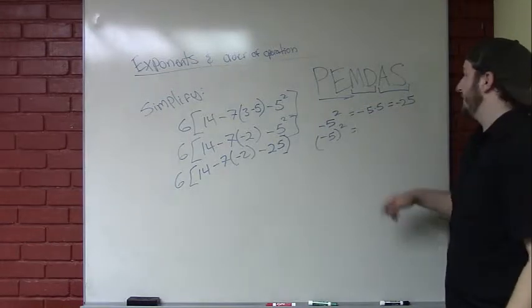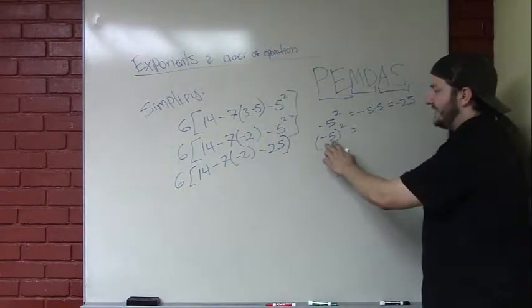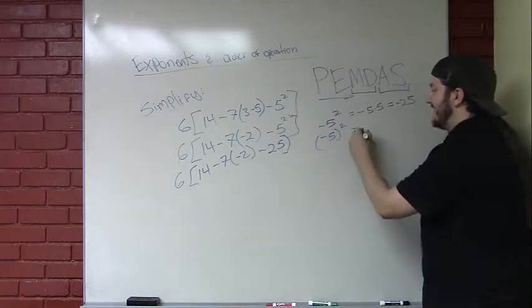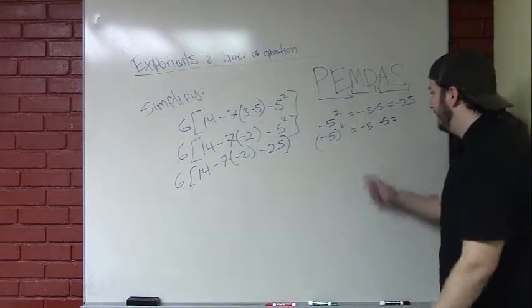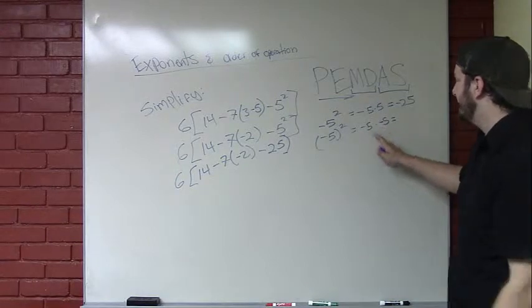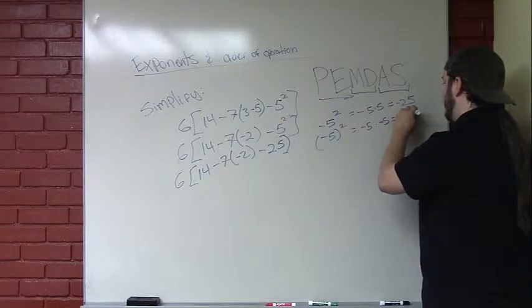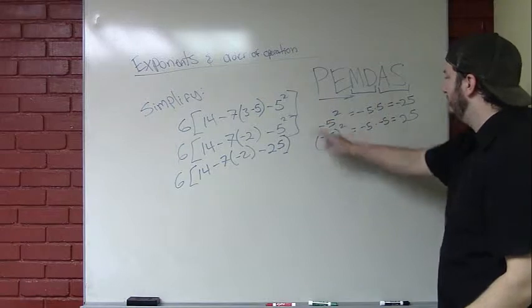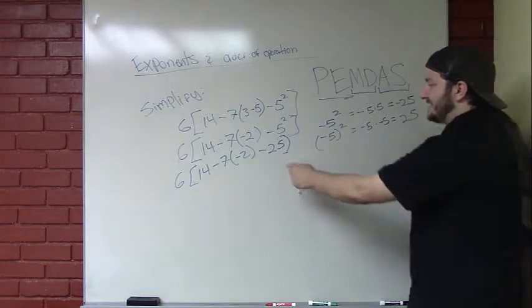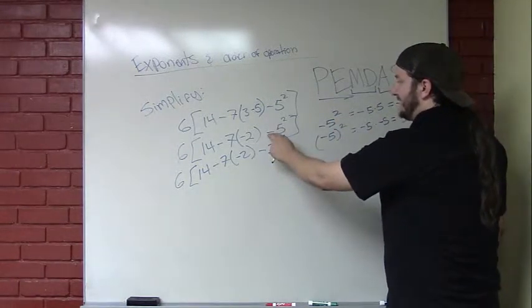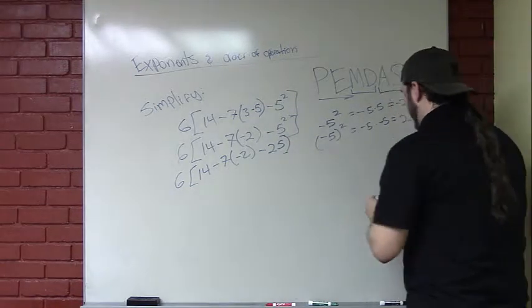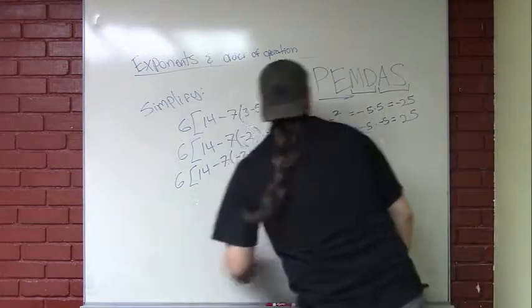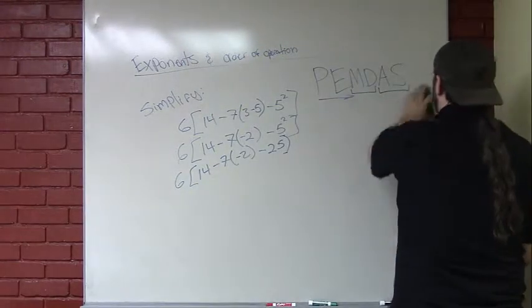If the negative 5 is in parentheses like this, this is negative 5 times negative 5. A negative times a negative is a positive 25. So make sure you don't mix those up. That's why this is a negative 25, because it's a negative 5 squared. Just thought I should throw that little bit in there.